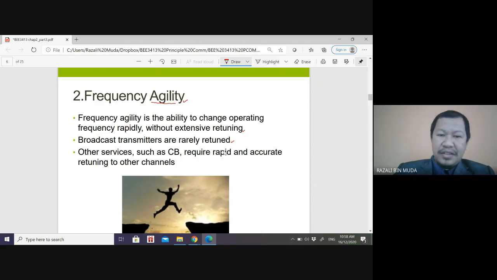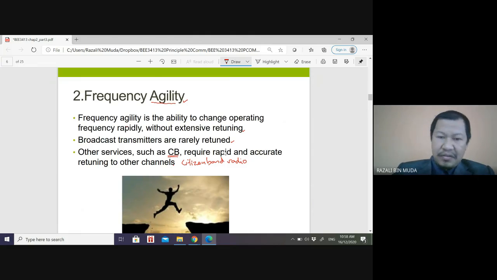Other services such as CB, citizen band radio, require rapid and accurate retuning to other channels.